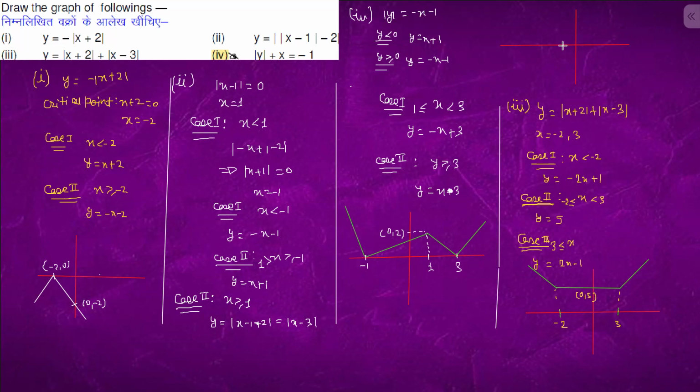Y is less than 0, we will have x equals y minus 1. So can we follow this graph? X equals y minus 1 and y is less than 0. So at 0 it is minus 1.